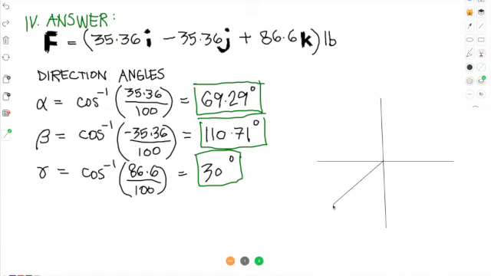So this is our axis. Please bear with me. So this is our resultant. It's going from the origin to this direction, correct?